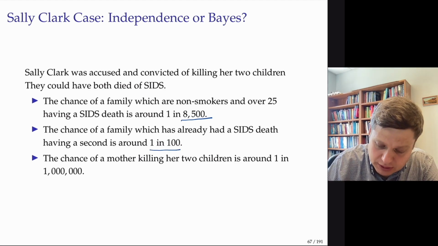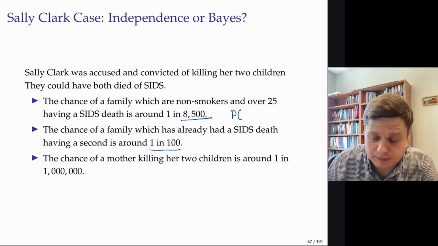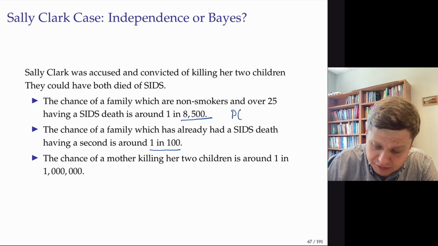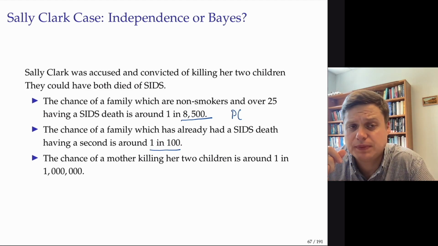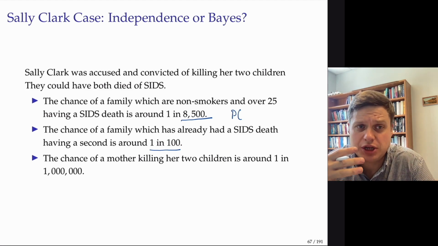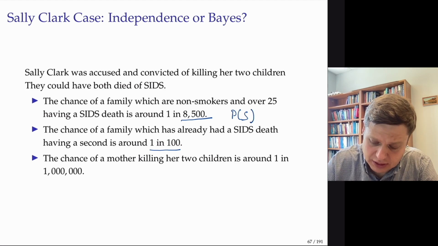So in other words, the probability that a child dies because of SIDS, a syndrome, is basically when a child suffocates during sleep. So the probability that a child dies because of SIDS is 1 in 8,500.